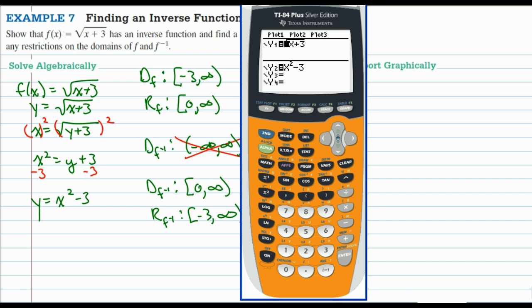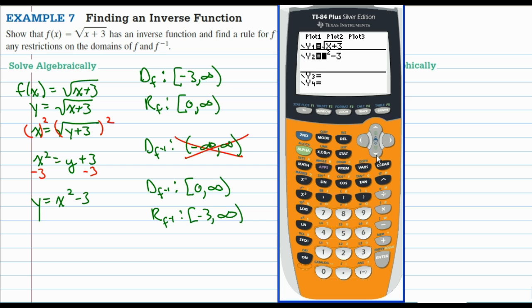That's where the restrictions come in. So I'm going to press second insert to put some parentheses around my y2 function and apply the restrictions from the range of the function. So I'm going to put in parentheses x, second test, is greater than or equal to 0.